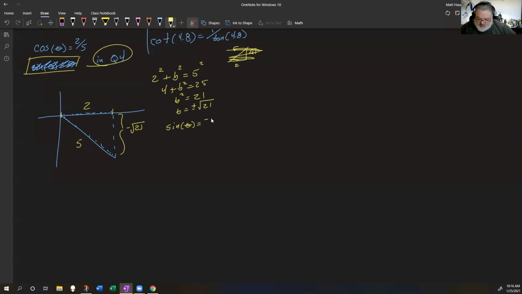The sine would be the y value over the r value. Tangent is the y value over the x value, or if you prefer, the opposite over the adjacent. Cosecant is the reciprocal, so you'd be sure to rationalize it, and so on.